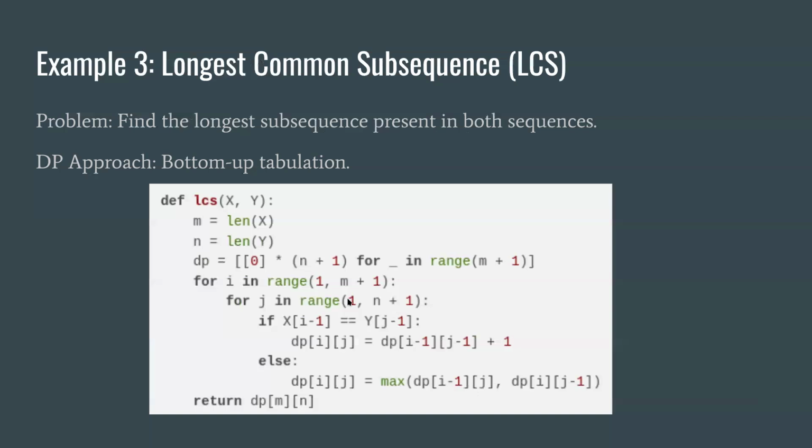We'll construct a table where each entry dp[i][j] represents the length of the longest common subsequence of the first i characters of one sequence and the first j characters of the other. By filling this table iteratively, you can find the length of the longest common sequence efficiently.